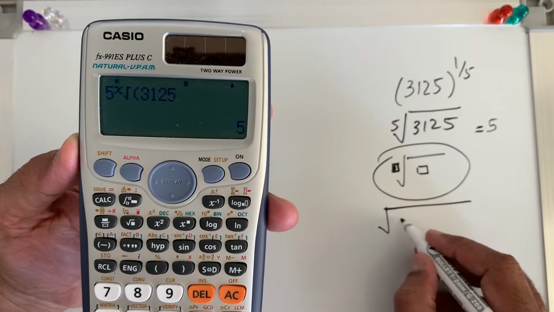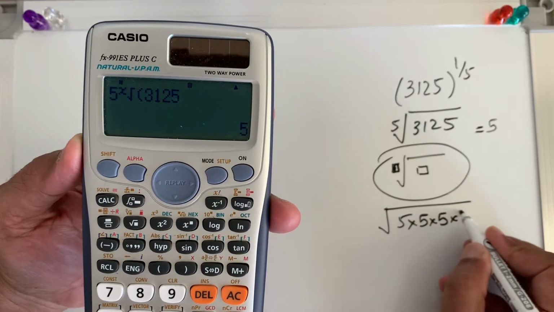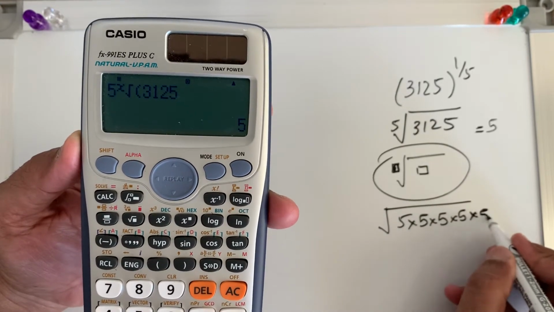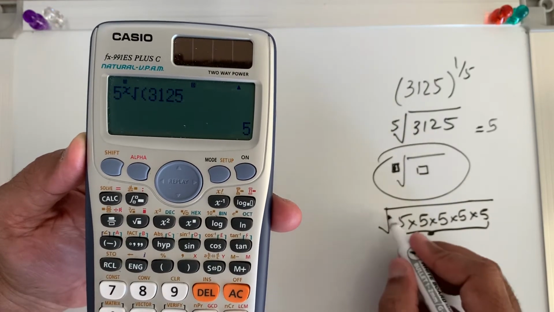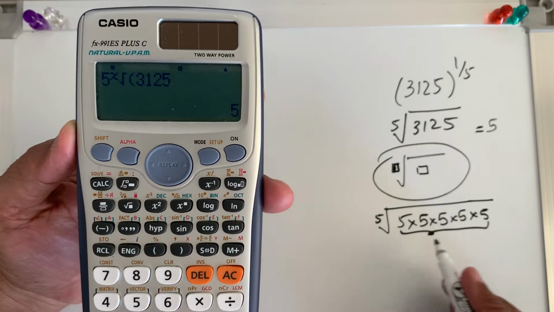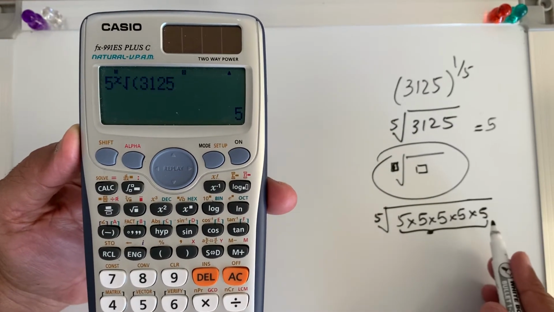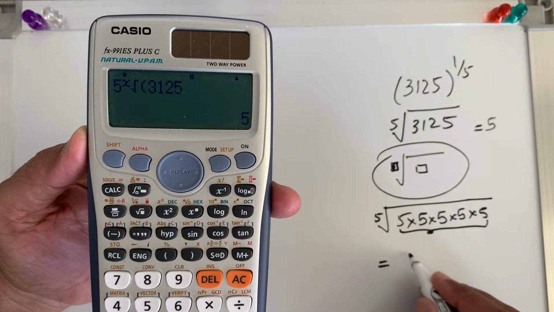The understanding is that if you multiply 5 times 5 times 5 times 5, five times, you get that number. So when you are taking the fifth root, actually you are making a group of 5, and my answer will be only 5.